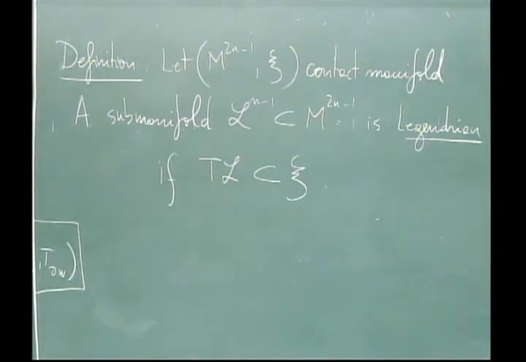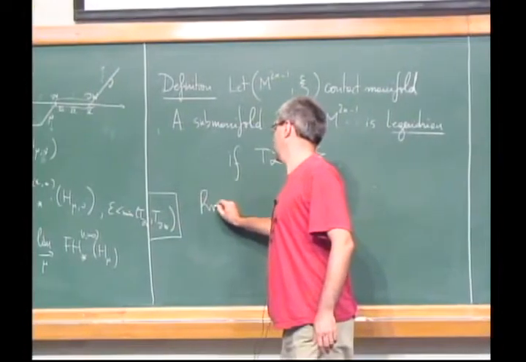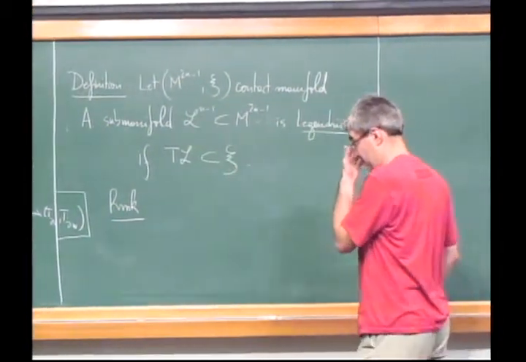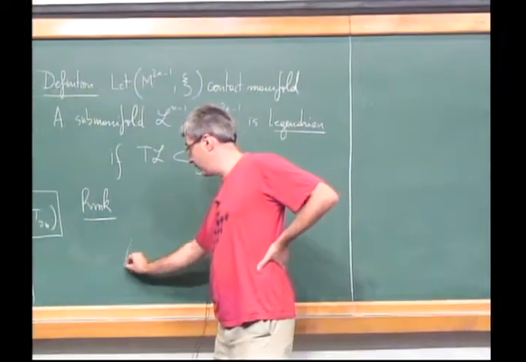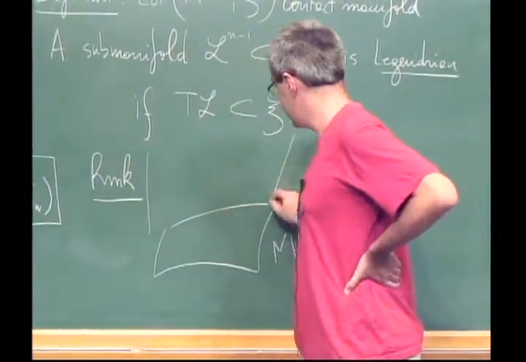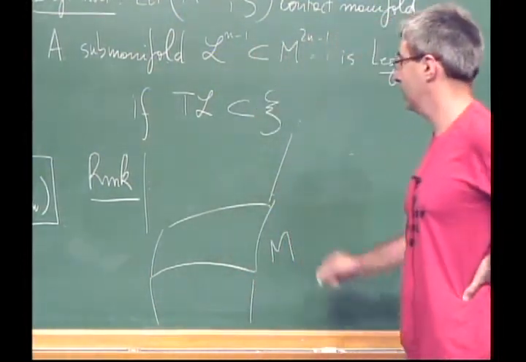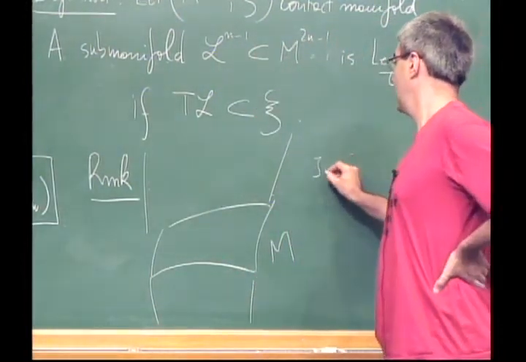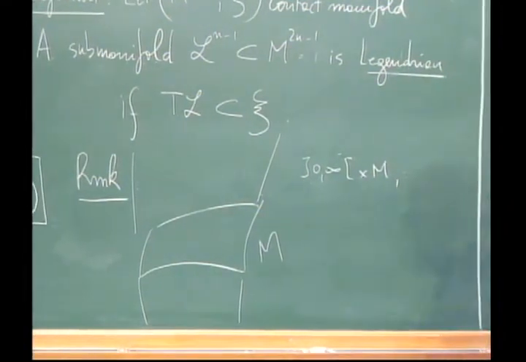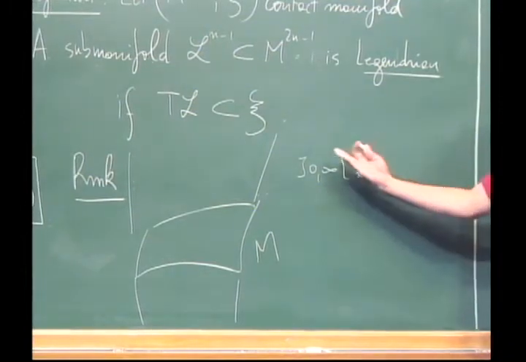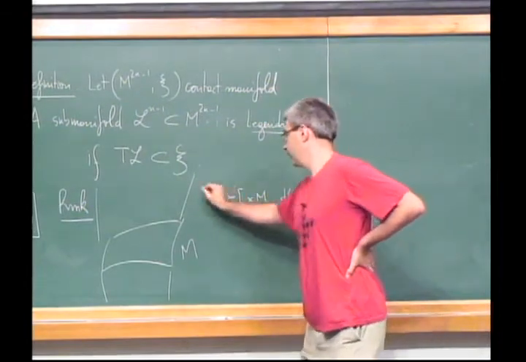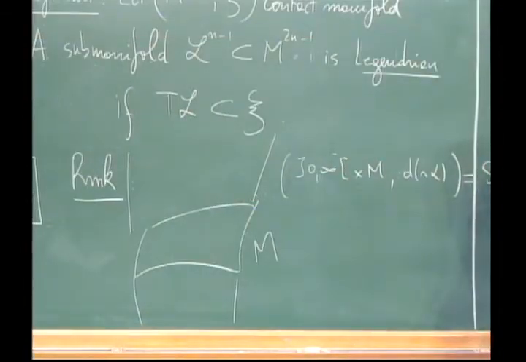And remark, given the contact manifold M, you can associate to it its symplectization, which, once you choose a contact form, you can write as 0 to infinity cross M. So that's the symplectization.